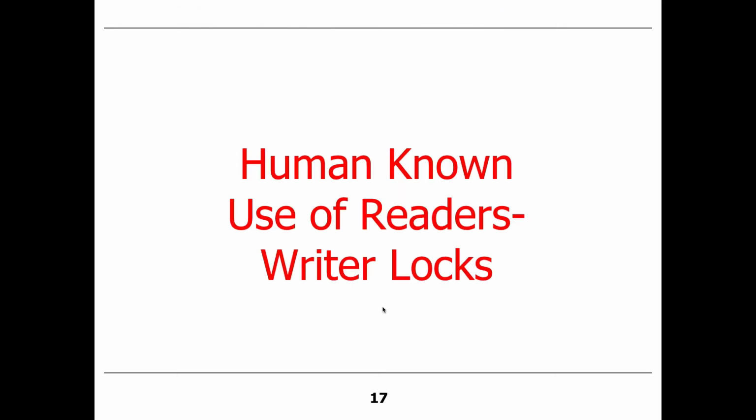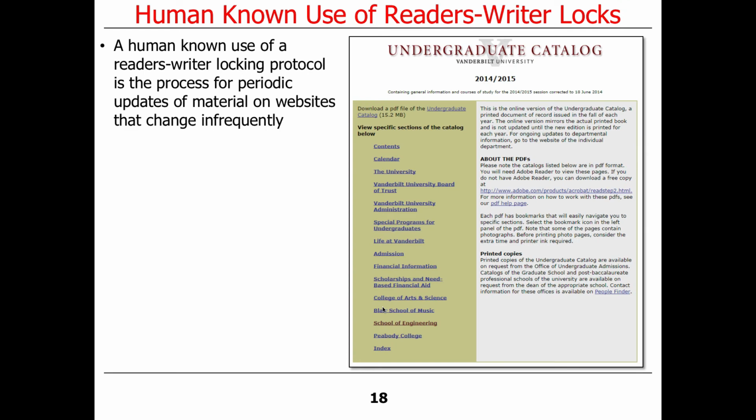So what's a human known use of a readers-writer lock? My favorite example is one I think I've used before. The Vanderbilt course catalog is something that is changed periodically, probably once a year, probably in April or so before the next registration round opens.